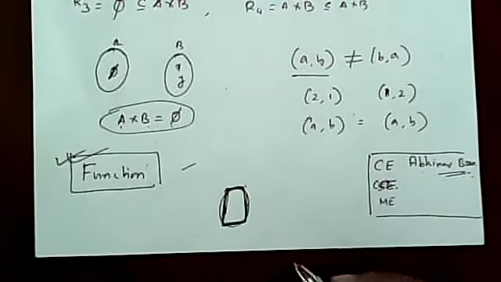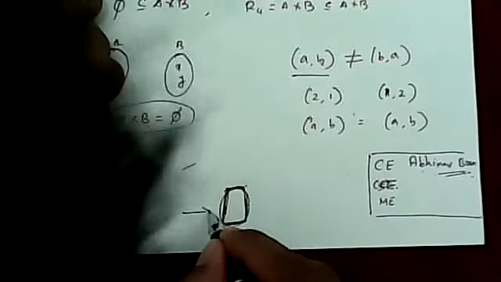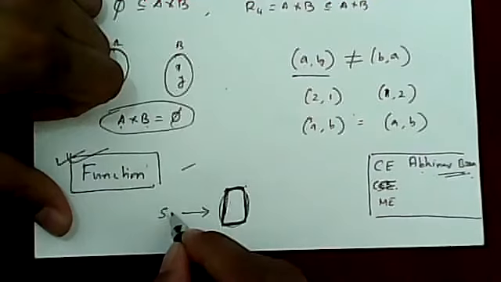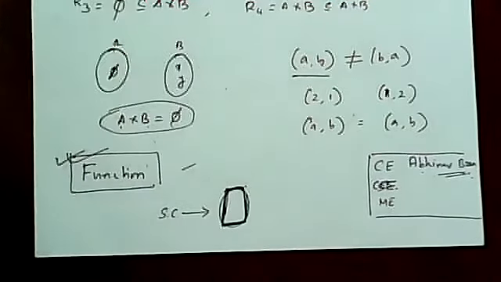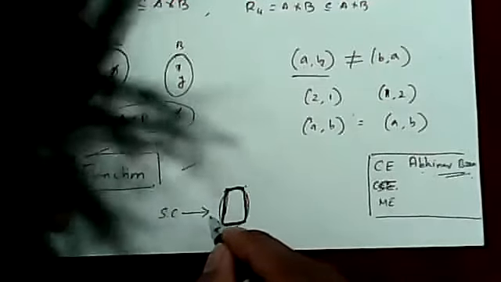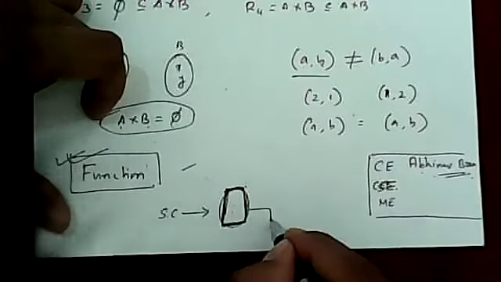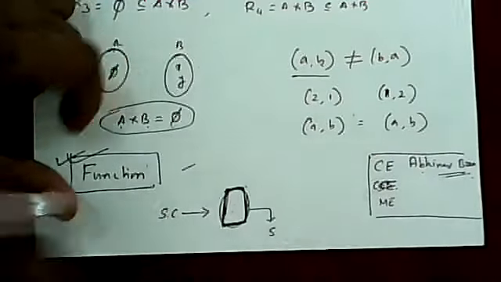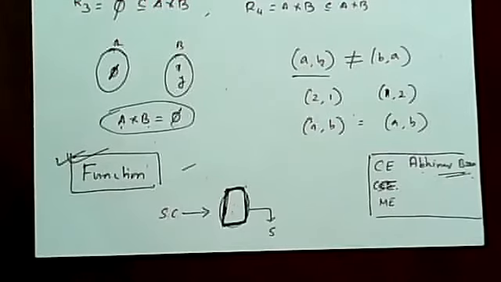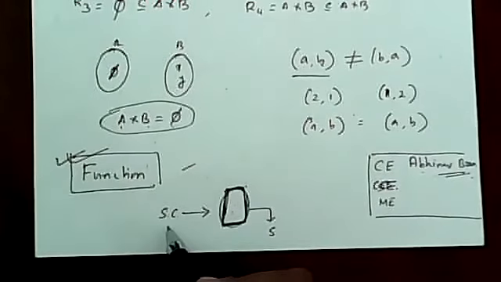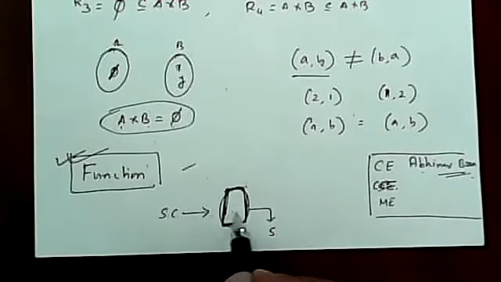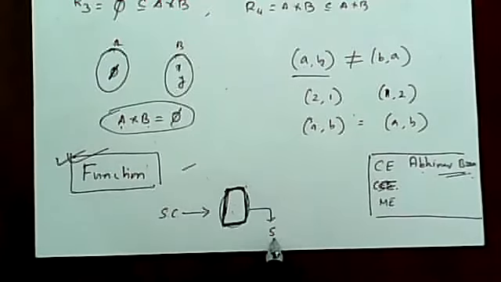What we actually do is, from this side, we enter some sugar canes, and when these sugar canes pass through this machine, we get sugar. So initially we consider some sugar canes, and when they pass through the machine, we get sugar here.